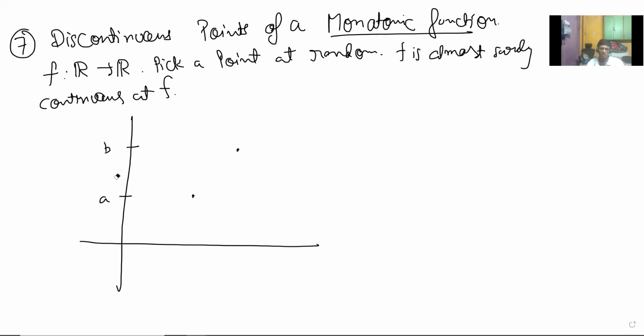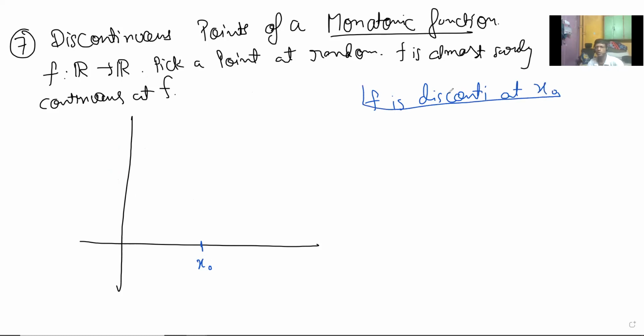So rather than making the question concrete, let us just take a point where it is discontinuous and see what we can say. Otherwise, trying to make the question concrete from the beginning will make it more theoretical. It's good, but let's say that f is discontinuous at x naught.